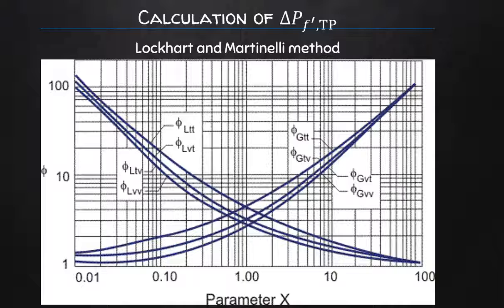Once we know where our values are placed on these lines, then we are able to determine a value for x. So you can calculate x equal to 0.1 or 10 or whatever. It depends on the sigma values. And then it is possible to determine the two-phase pressure drop accordingly.